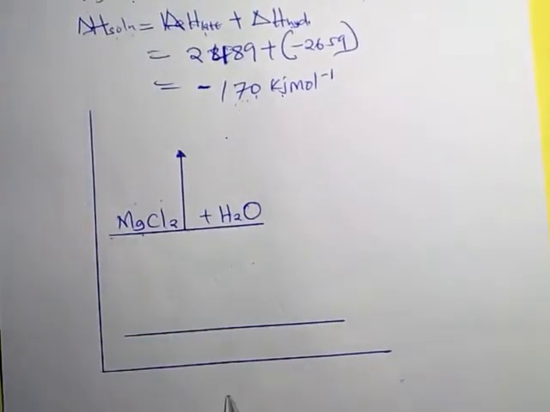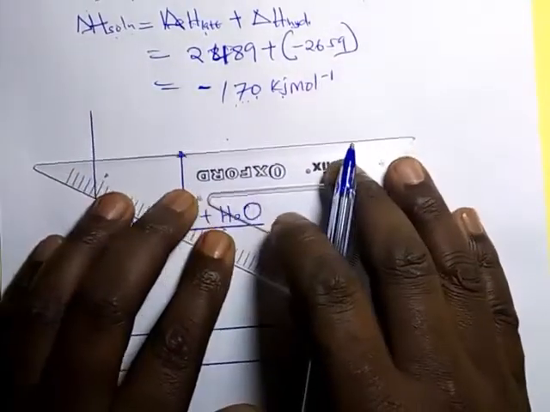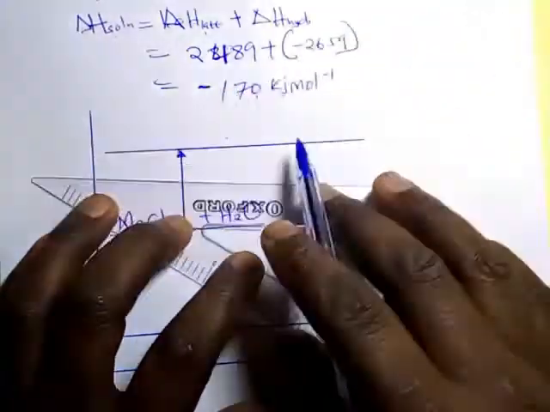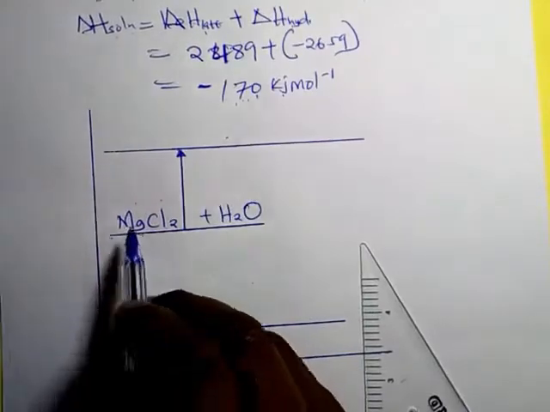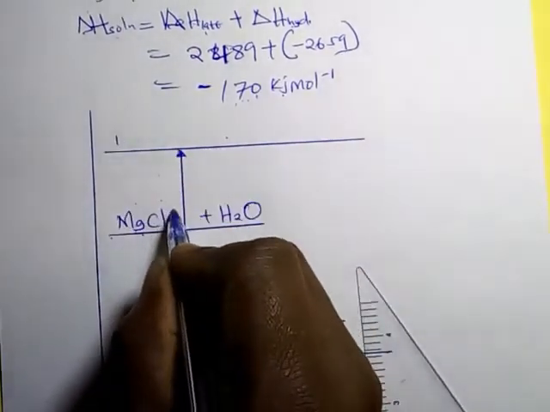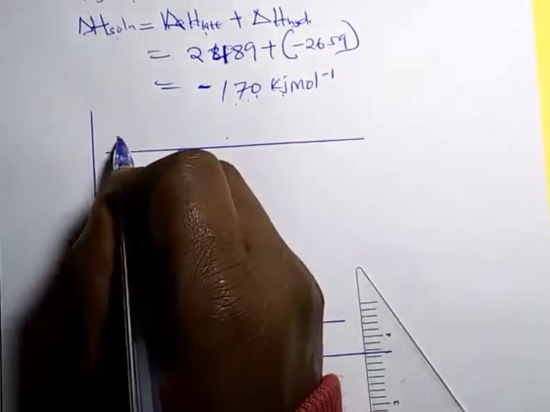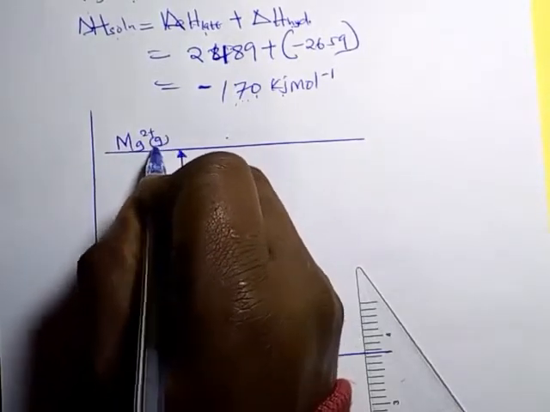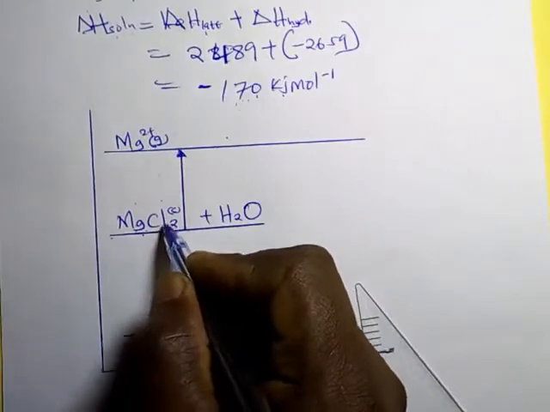Very good. Once you have that arrow, draw a very straight line. Remember magnesium chloride is a solid, and it forms magnesium 2+ ions in gaseous form.